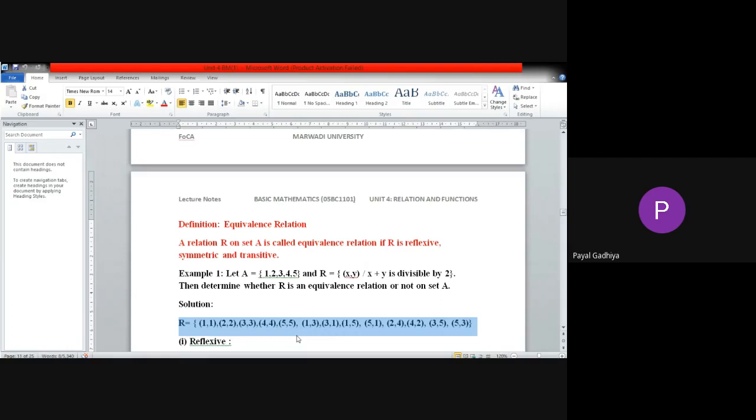Let us check that first. Is this relation reflexive?